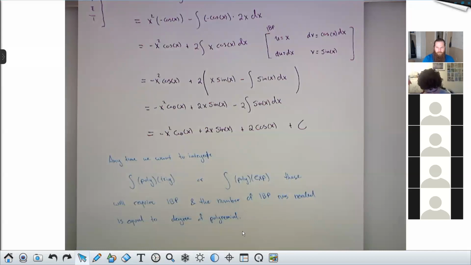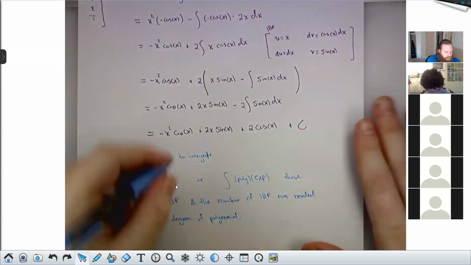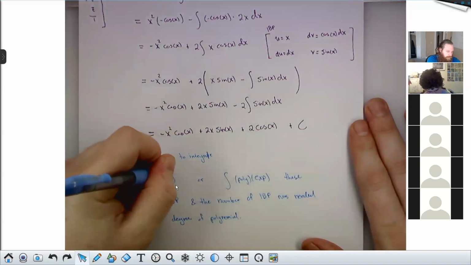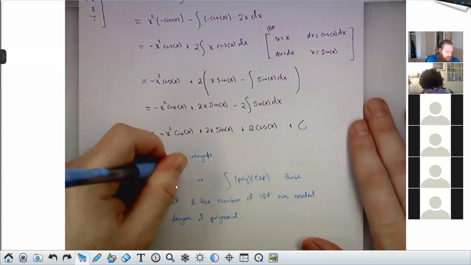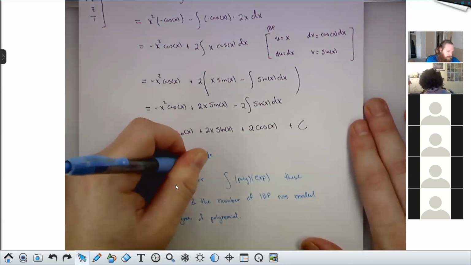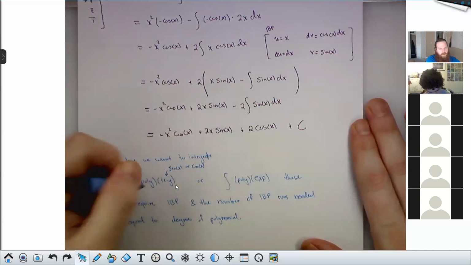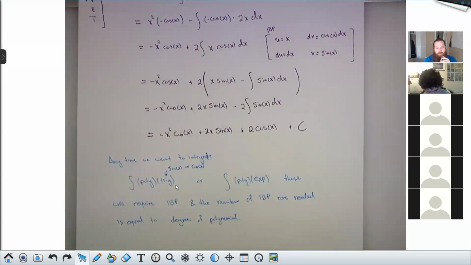I had a couple of questions. Sure, Alexander, go ahead. Wouldn't there also be cases where you'd have poly times trig and you could use U sub? Sure, I should be a little more clear. If this is just sine x or cos x, and you have a more complicated polynomial here, those are the instances where you will need integration by parts.